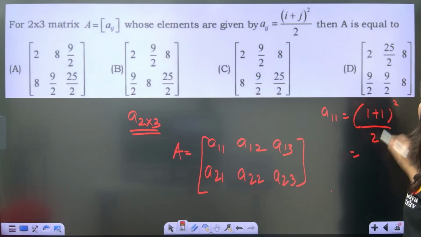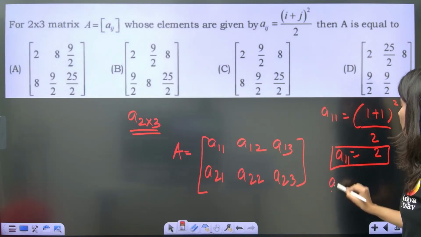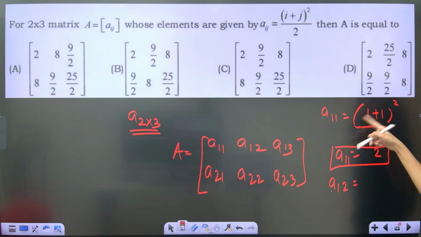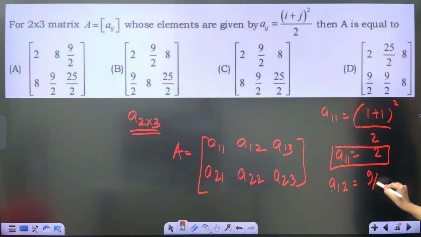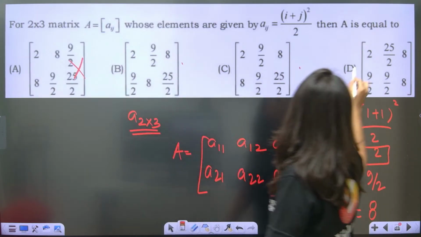So, this is 2 square, 4 by 2. So, A11 is 2. A12 is 9 by 2. A13 is going to be 4 square, 16 by 2, 8. So, 2, 9 by 2 and 8. So, this is wrong. This and this could be right.